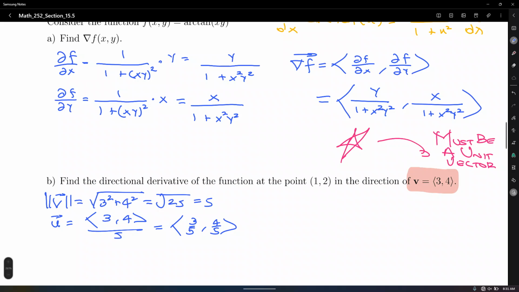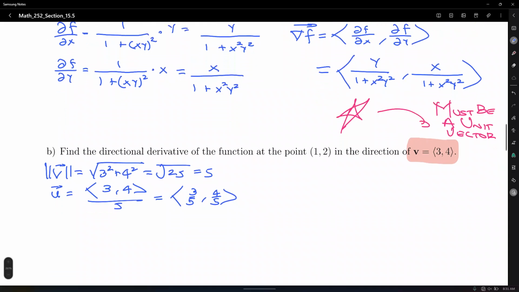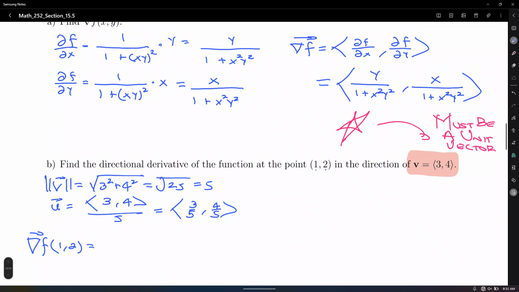Okay. So how about, first of all, we evaluate the gradient that we got in part A at the point 1, 2. That equals, okay, number 1, so y, which is 2, over 1 plus 1 squared times 2 squared, comma, x, which is 1, over 1 plus another 1 squared times 2 squared.